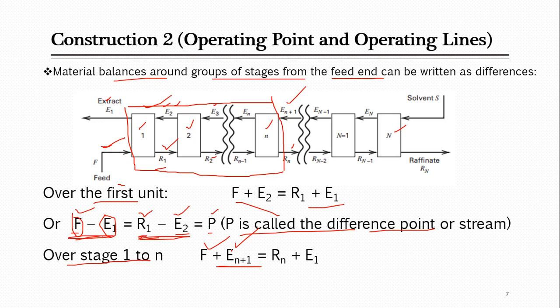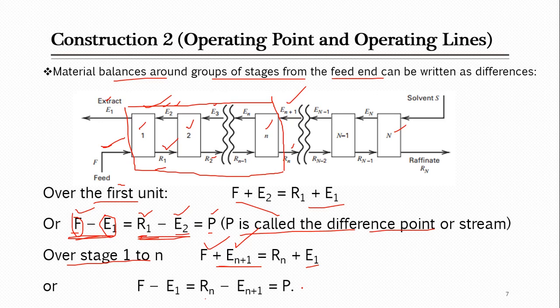So you have to write carrier-rich stream minus solvent-rich stream. If you write F minus E1, this will become equal to P. As well, if you write Rn on the other side, it will be Rn minus En plus 1, this will be equal to P.